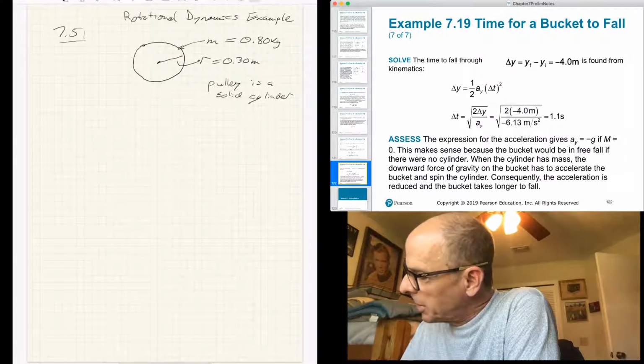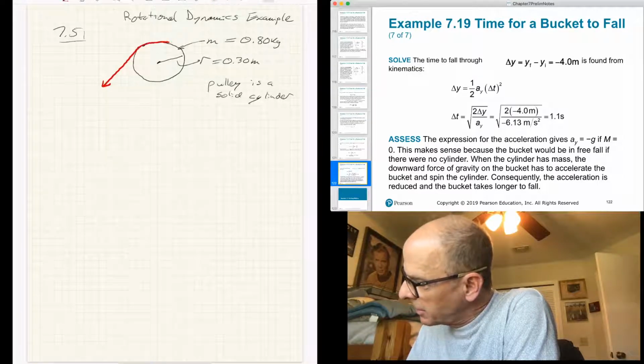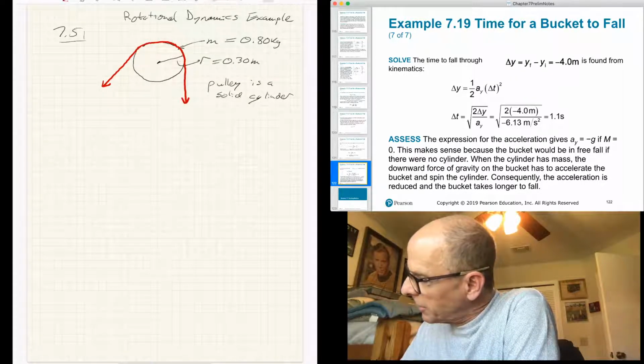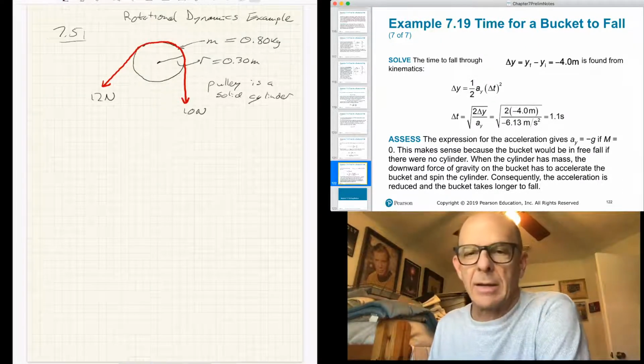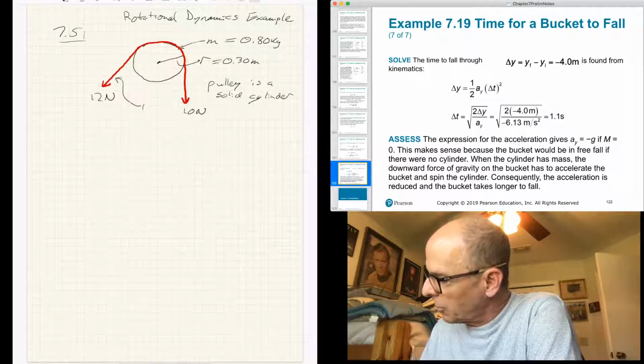So I'm going to do something fancy here and use my ability to have colors to draw the rope. So there is a 12 Newton force on the left and a 10 Newton force on the right, and that's a rope, okay? So this thing here is a rope.